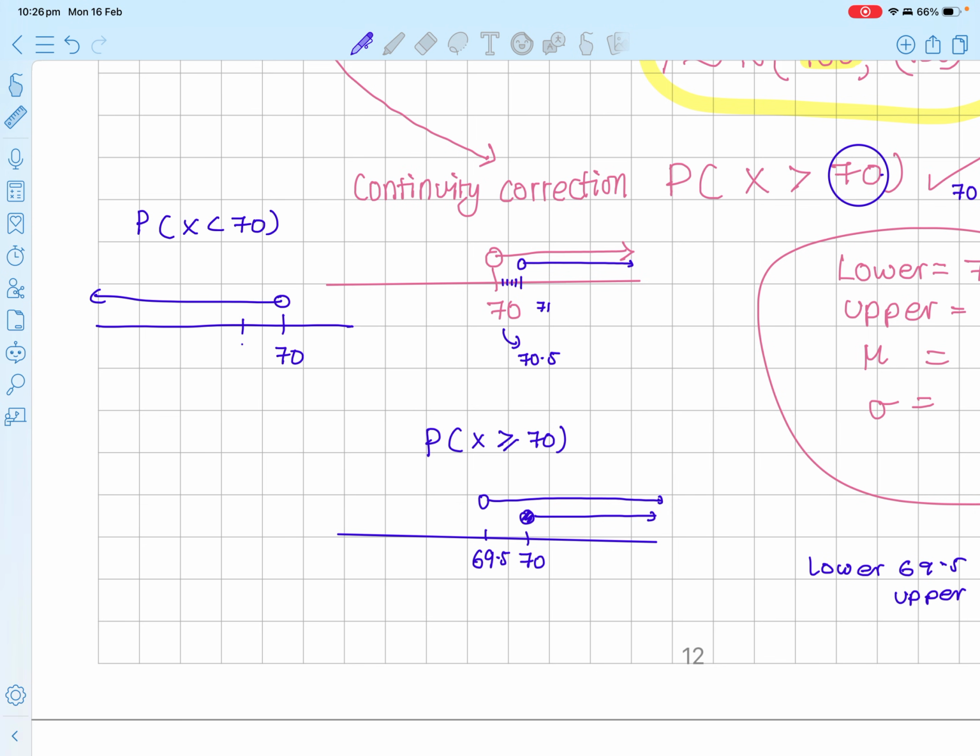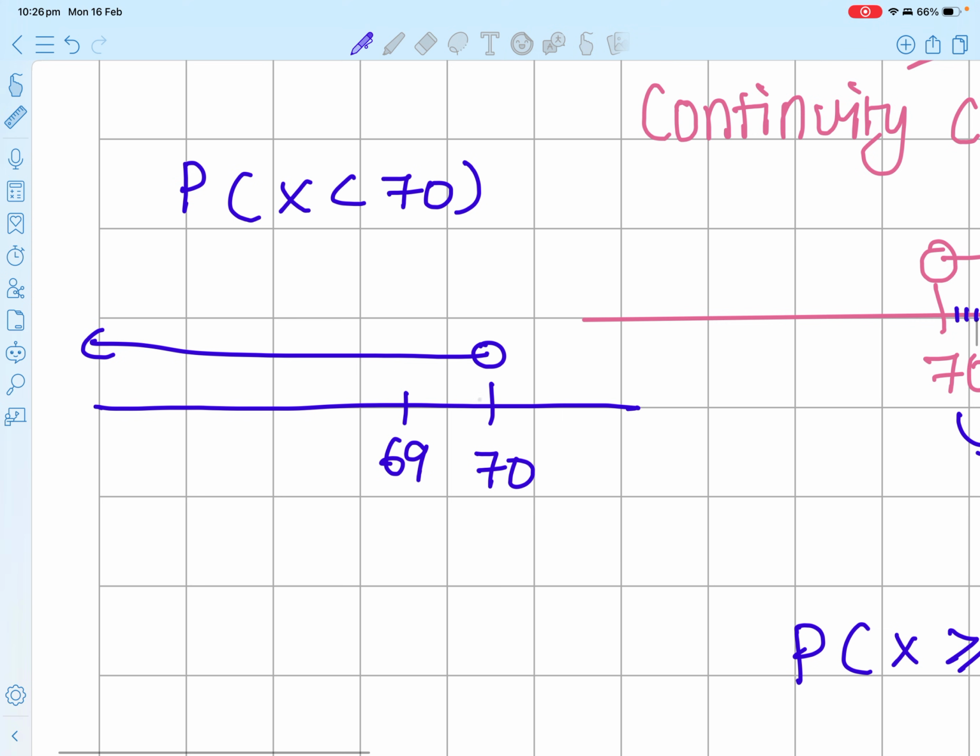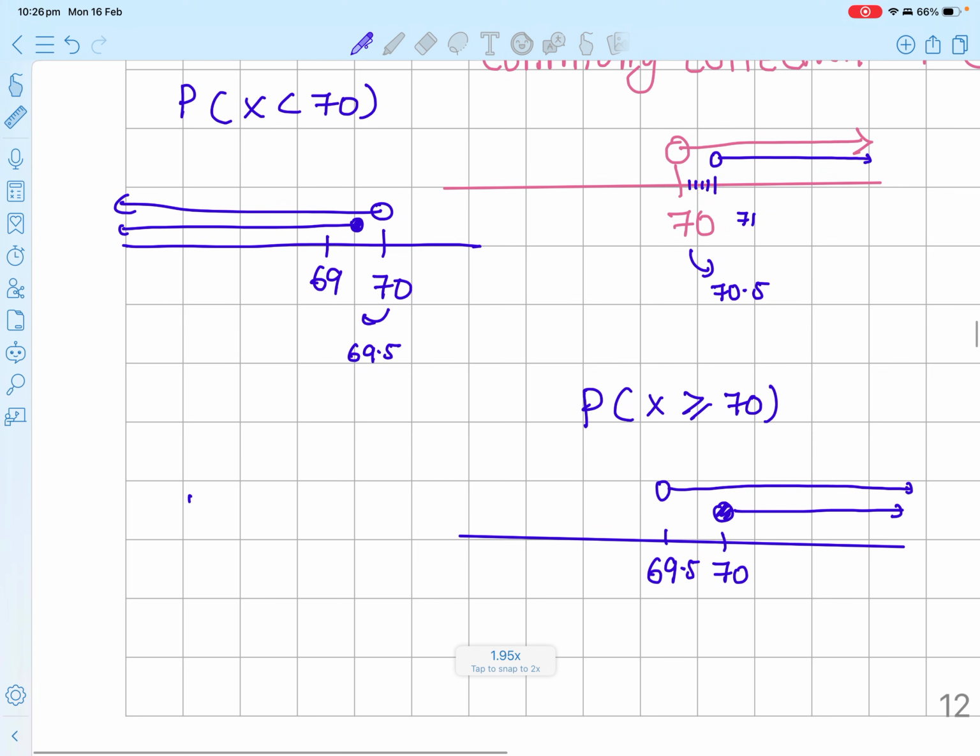In a binomial distribution, it will be 69 because binomial is specific. It's either 70 or 69. You can't have in between in a binomial distribution. In a normal distribution, you can have numbers in between as well. That's why it's called continuous data. So you have to start from the lowest number, which is the lower bound, 69.5.